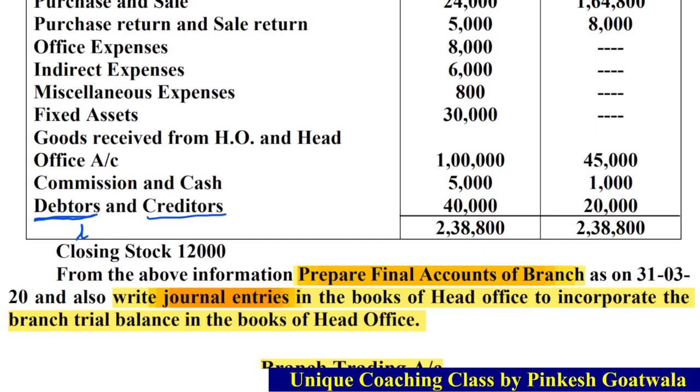Then you have to solve journal entries in that sum. Clear? So in a homework sum, you will be given the same question, final accounts and also journal entries, but you have to prepare only final accounts. Okay, in the next video I explain journal entries, then you can complete the journal entries of the homework sum. Okay, clear?